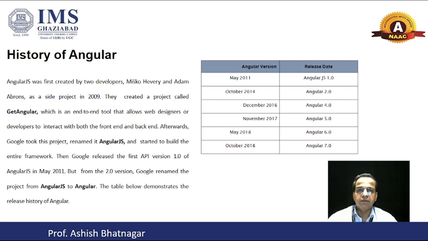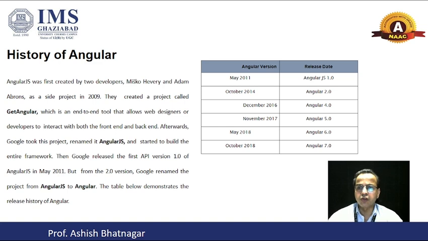History of Angular. As we have already discussed, the first version of Angular was AngularJS, which was developed by Misko Hevery and Adam Abrons as a side project in 2009. They created a project called GetAngular, which is an end-to-end tool that allows web designers or developers to interact with both the front end and the back end.